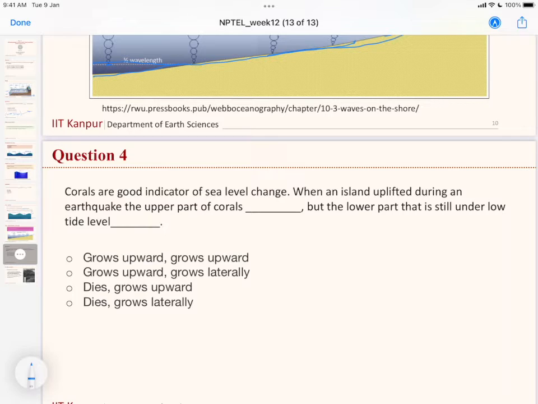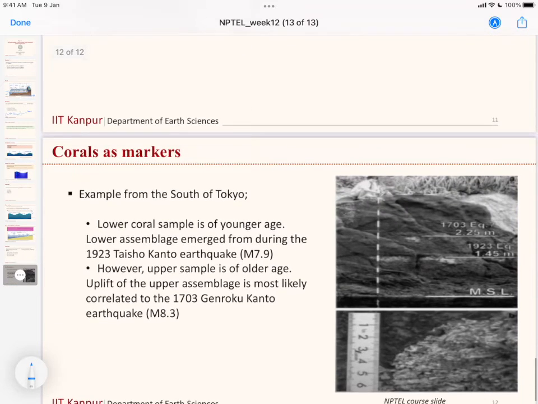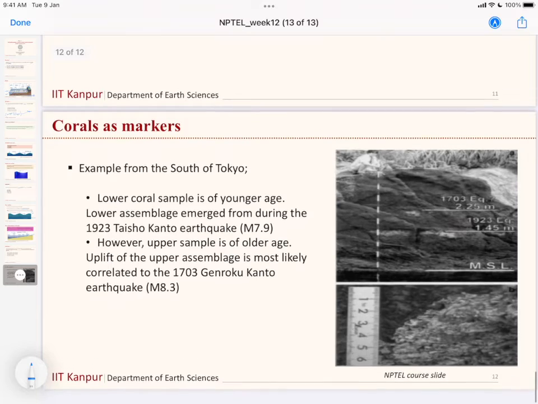Because these are indicators which are very helpful for a geologist or geophysicist to validate the marker or validate the event, if some such event has happened in the past or not. So in that scenario, coral acts as a very important marker.